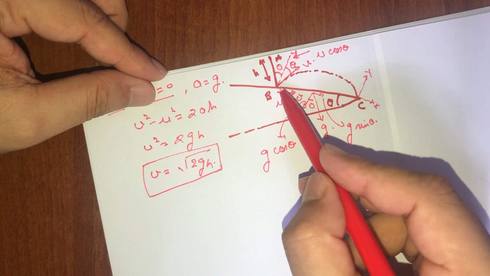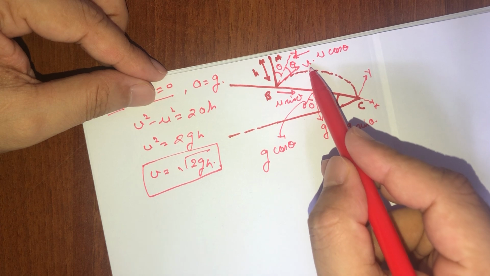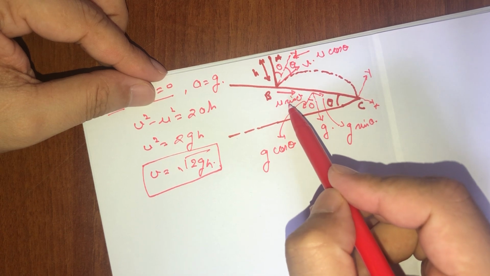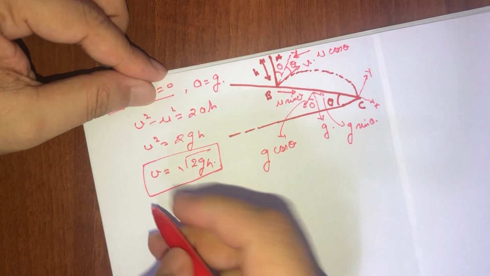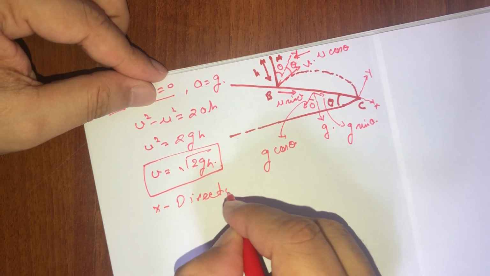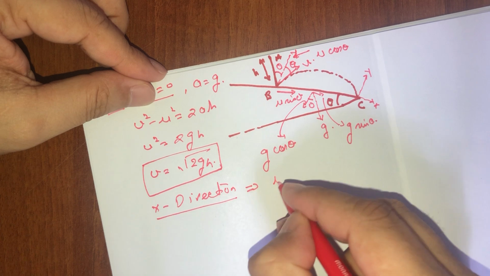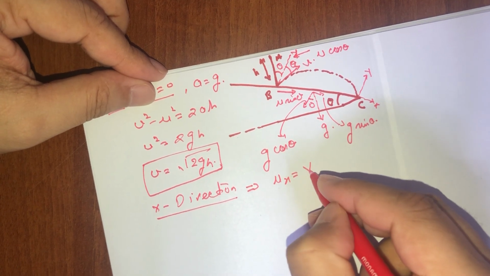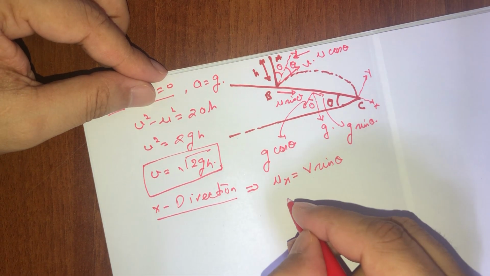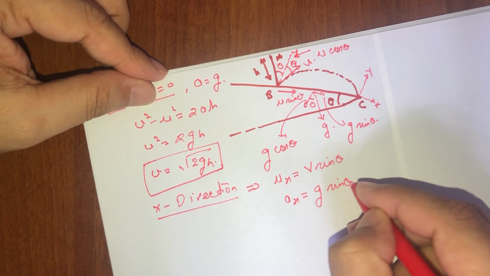Now after making an impact at point B, it will be traveling with again the velocity v, because it's a perfect elastic collision, but it is going to have x component as well as y component. So in x direction, we can write u of x will be equal to v sine of theta, and a of x will be equal to g sine of theta.